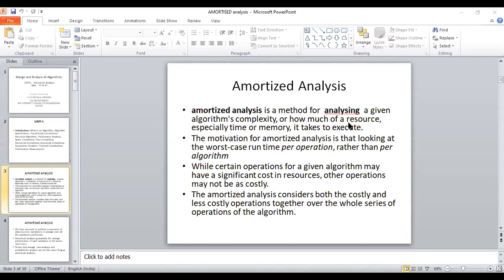So the motivation for amortized analysis is looking at the worst case runtime per operation rather than per algorithm.